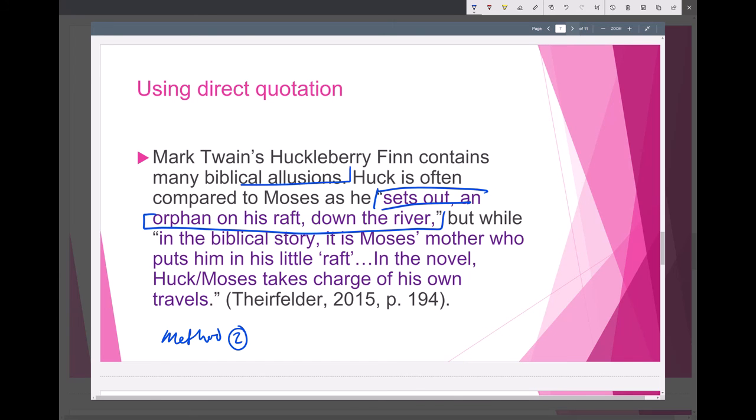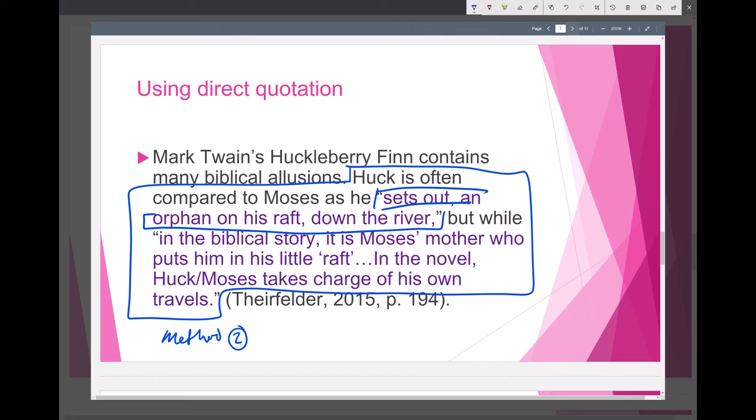So you got this big sentence here, and it's talking about how this book by Mark Twain has allusions to the Bible, similarities with the Bible, using Huck, a character, as an example, and they compare him to Moses. If you know the story of Moses, when he was a baby, he was put in a raft down the Nile River.